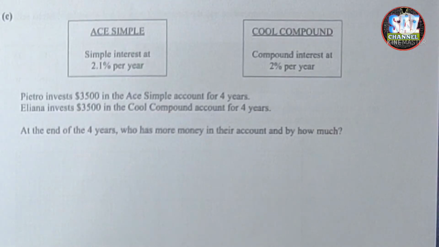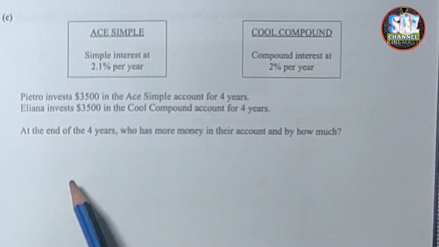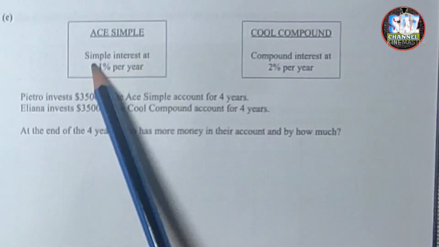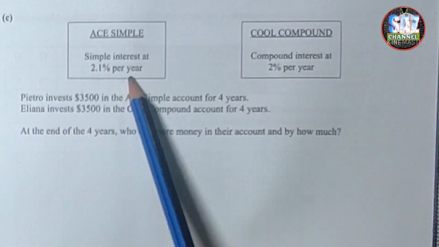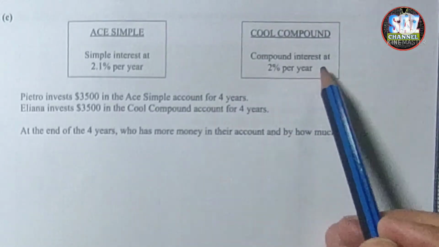Let's read the question first. It's really important to read, understand and underline important terms of the question. The information is written in the form of an advertisement. The question says that a simple account has simple interest at 2.1% per year and a cool compound account has compound interest at 2% per year.